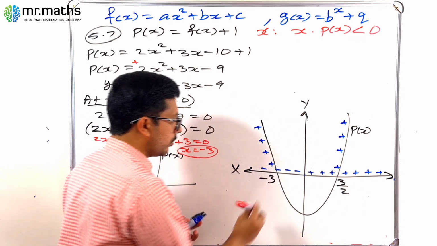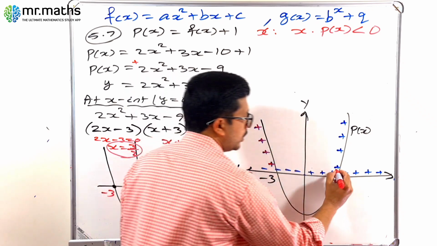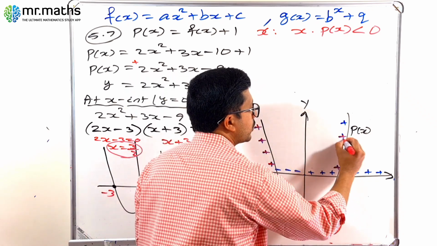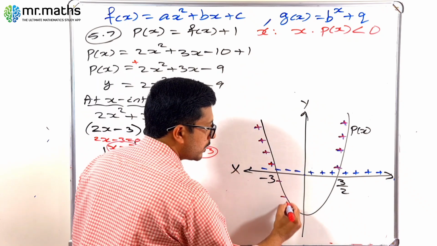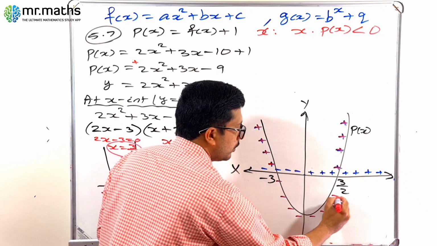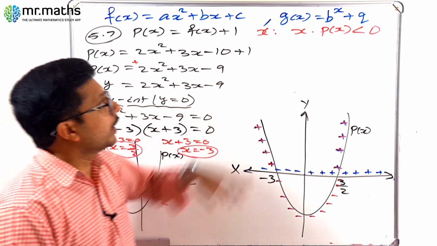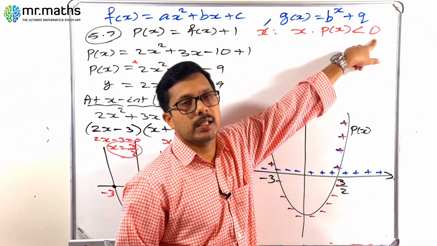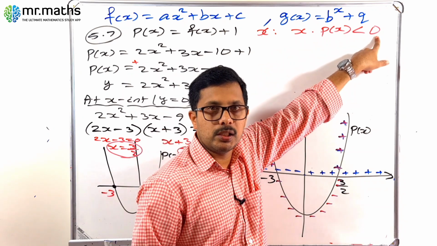Okay, let me draw with the red color. Positive, positive, positive, because it's above the x-axis. Below the x-axis it is negative up to here. Now look at this question. x times p of x is less than 0. When you multiply, the answer is negative.